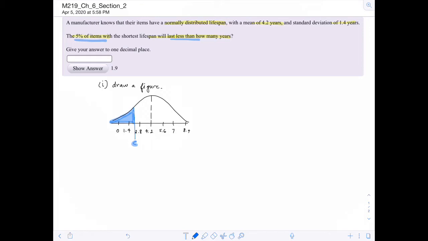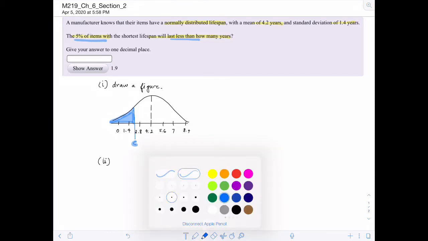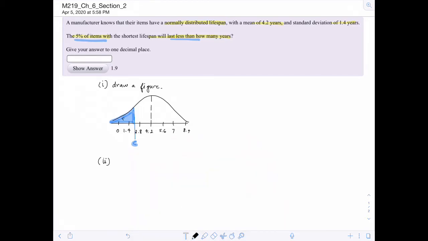Now the second part is to decipher what we're going to do. If I'm given area, right, this is 5%. So let me write this out. The probability that X will be less than some C value equals 5%, or in other words, 0.05.